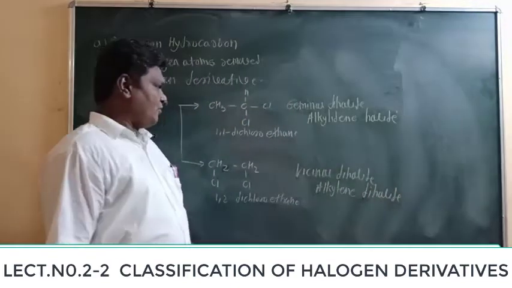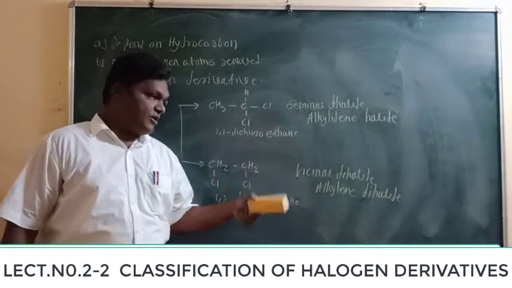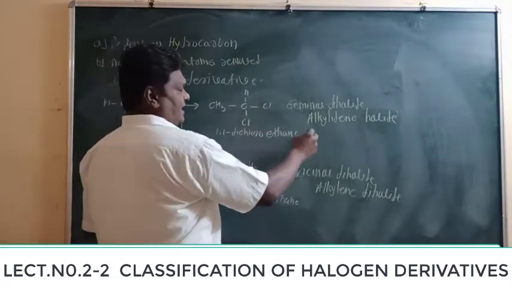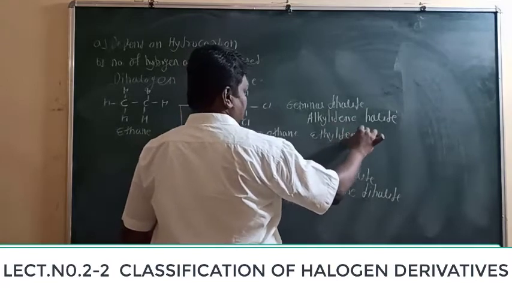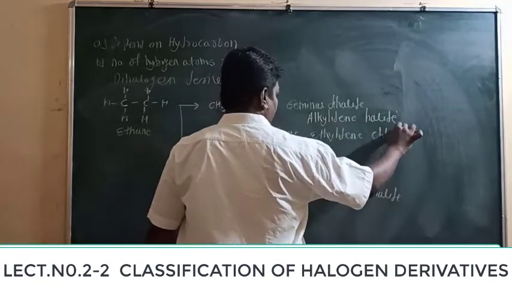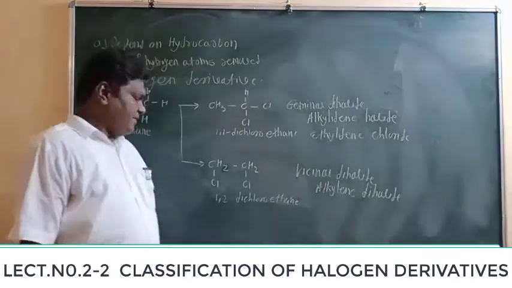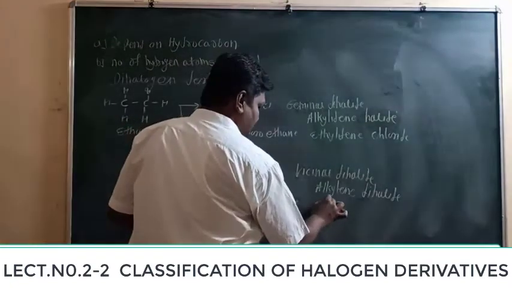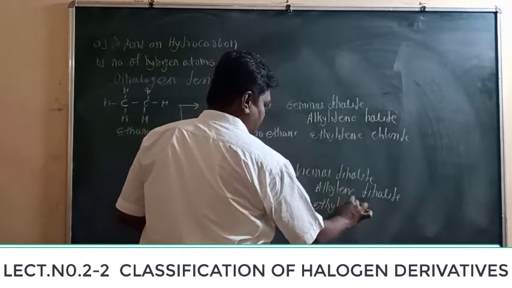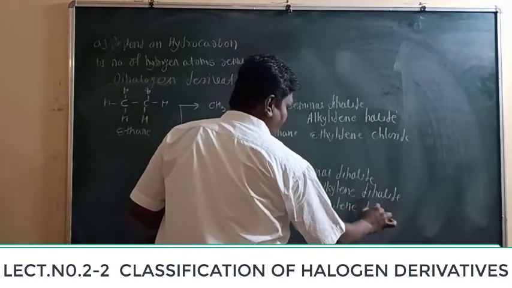For example, if you want to write the common name for 1,1-dichloroethane, this is two carbon atoms, so we write ethylidene chloride. While the common name for 1,2-dichloroethane is ethylene dichloride.